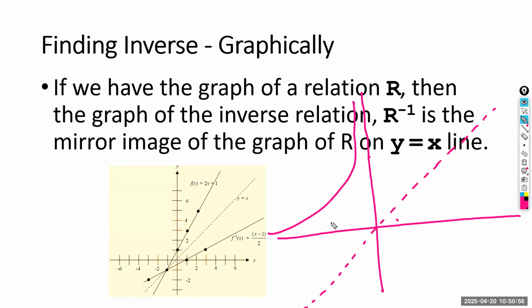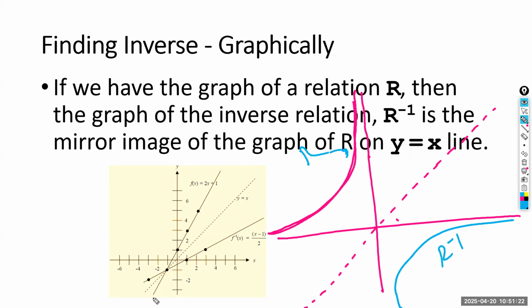And draw the mirror image of your graph, taking the y equal x line as the mirror. And that is your inverse. So it will be something like this. If this is your R, that is your R inverse.